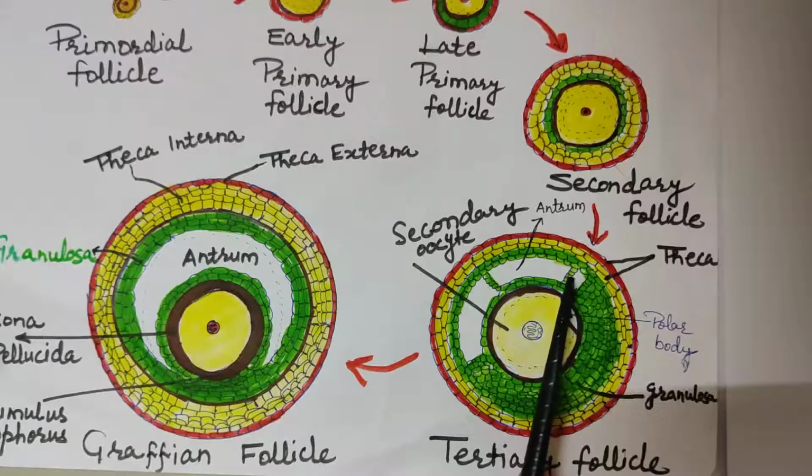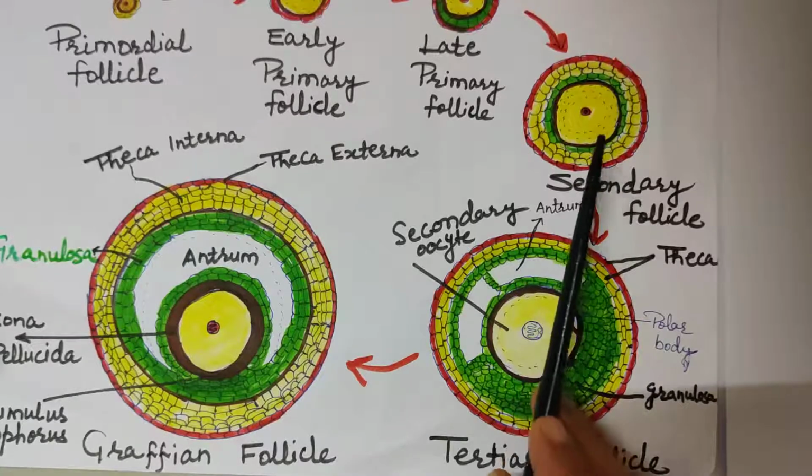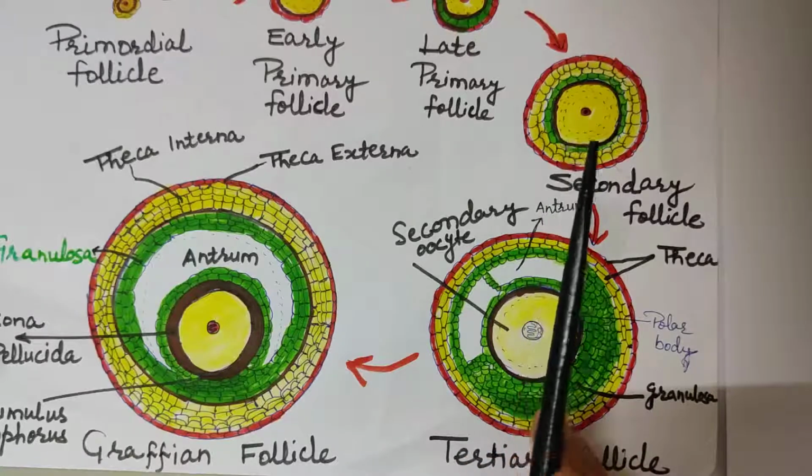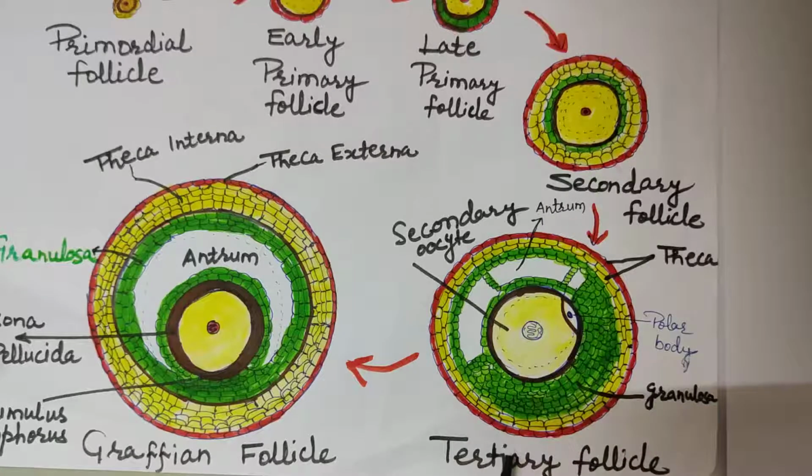How are these spaces created? Before this, in the secondary follicle, we are unable to see such spaces. But when it becomes tertiary follicle, certain spaces are created. These spaces are actually created by the addition of certain fluid inside the follicle by these follicular cells.